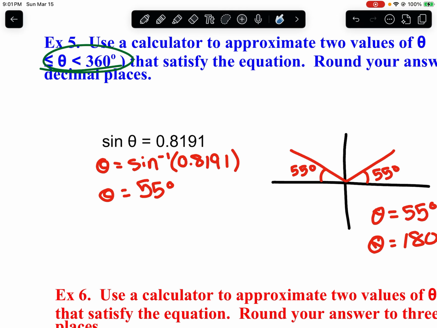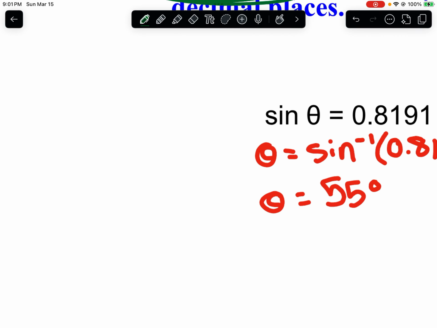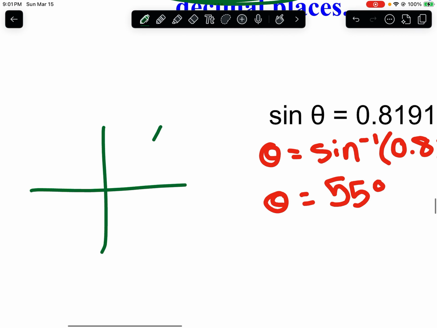And so we're going to take that information and combine it with that "All Students Take Calculus" thing, and this is going to allow us to find two angles that actually satisfy this equation, because usually there's going to be two.